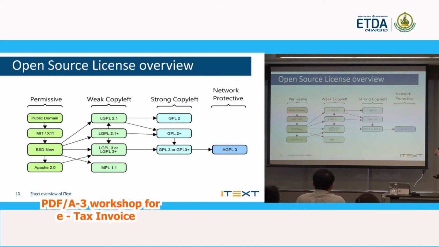Then Google came along, and Google said, well, we are not going to distribute software. We are not going to distribute executables, no CD-ROMs. We are going to use a SaaS model, software as a service. So if Google started using GPL software, the software itself never left the server.